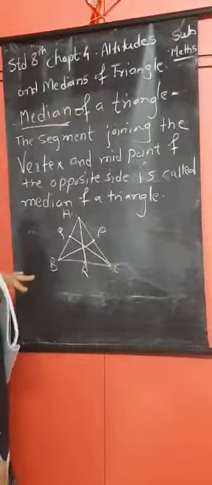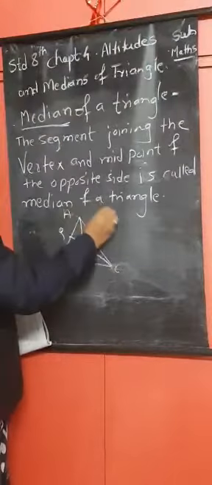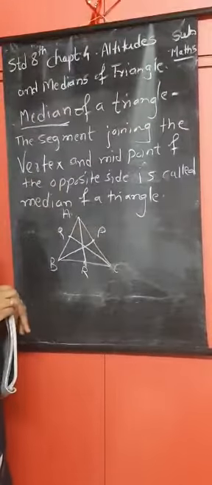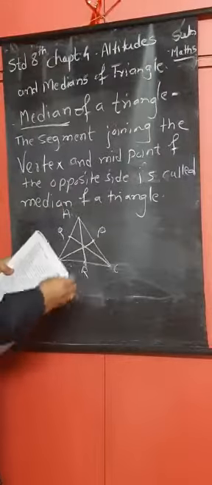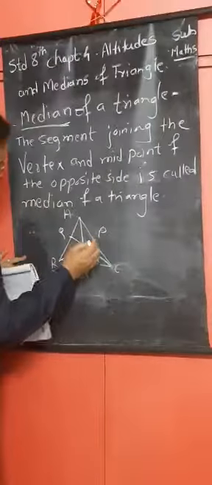Median म्हणजे मध्यगा. So these are the medians of the triangle, and this is the point of concurrence.